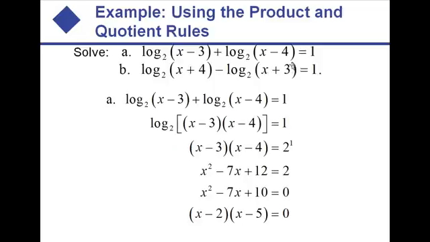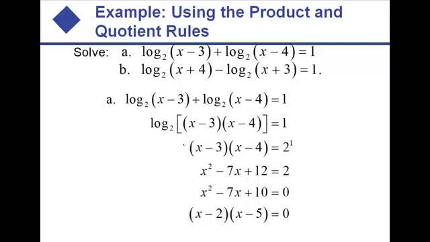Another one, similar example. So we have a log base 2 of some stuff, another log base 2 of some stuff. Remember, equals just a number, and when we have the same base, we can combine them as a product. Now we have log base 2 of some stuff equals 1.